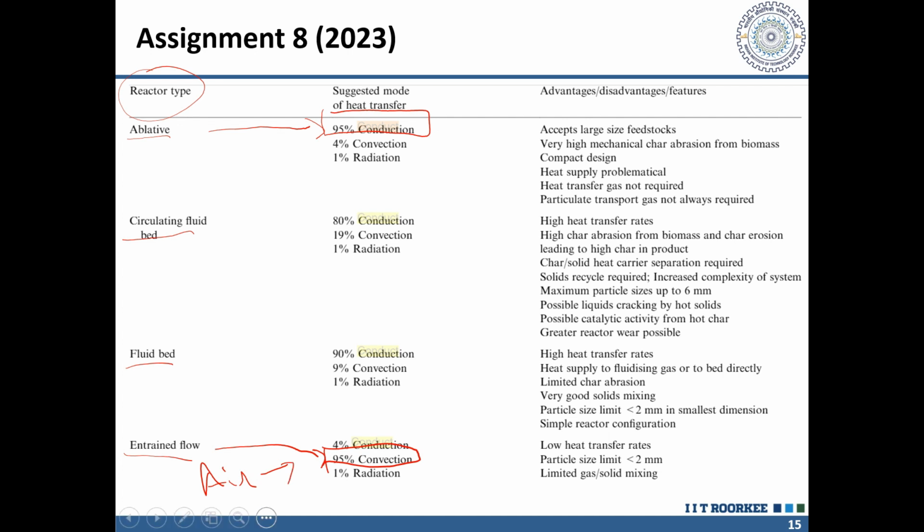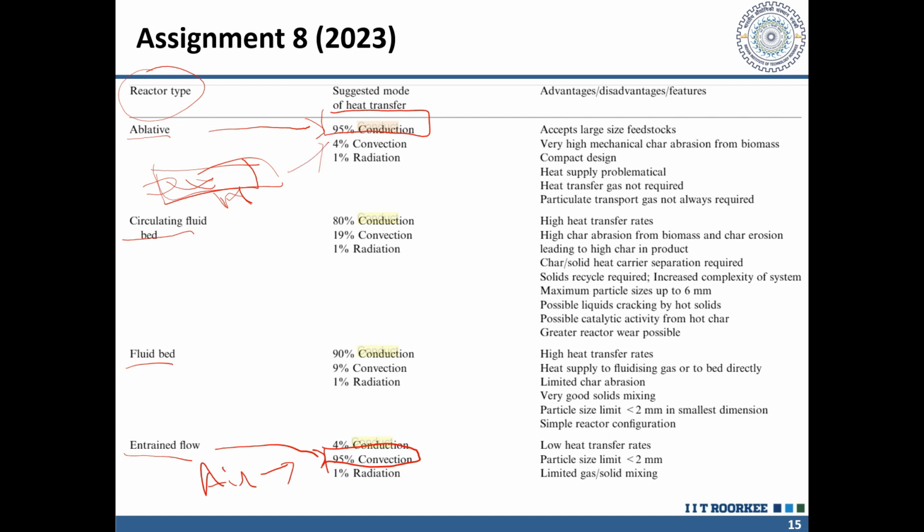The hot air will flow and provide the heat to the biomass. But in ablative, there is a screw which pushes the biomass forward, and this screw is already heated. So the screw will be responsible for the heat transfer.